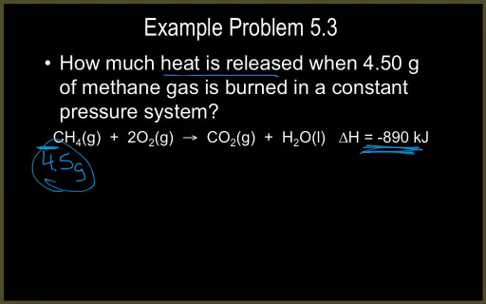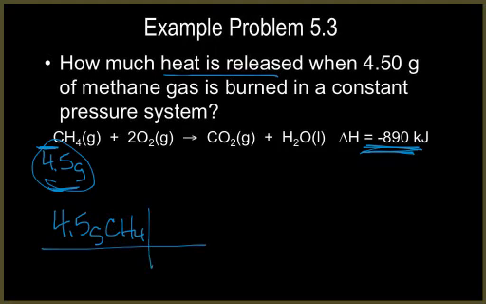If we have 4.5 grams of CH4, that's a different amount. So we're going to have to do a conversion to get to how much energy would be released per 4.5 grams. I'm going to start with my 4.5 grams of CH4, and convert that to moles. 1 mole of CH4 is equal to 16 grams of CH4, which is just the molar mass of CH4.